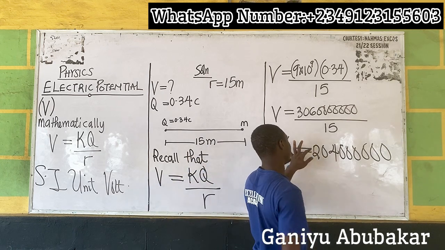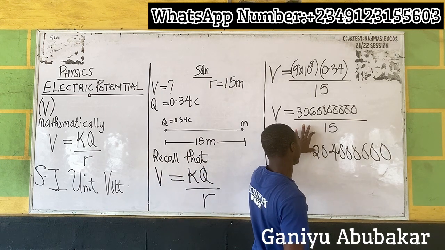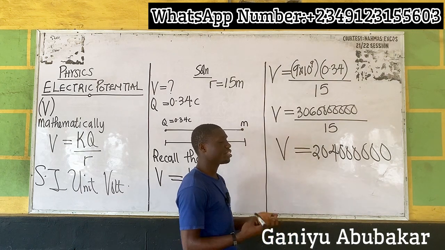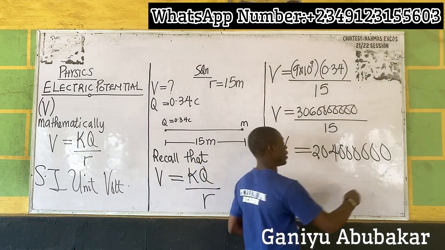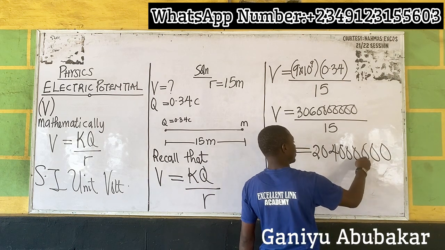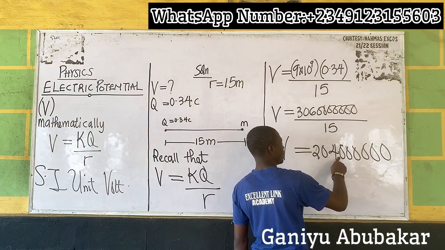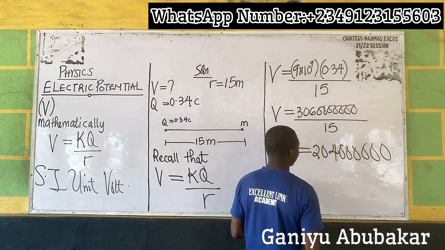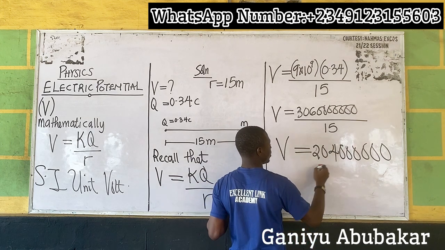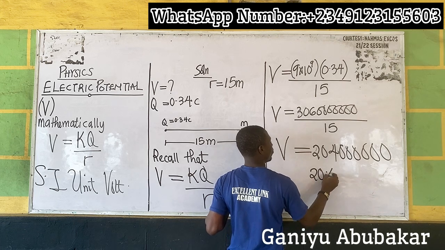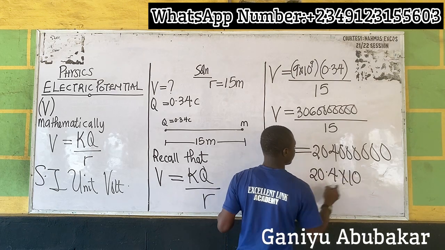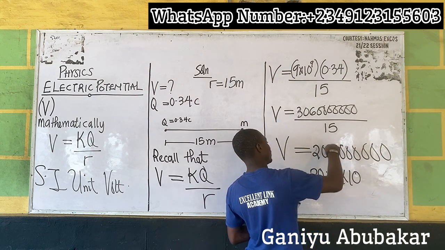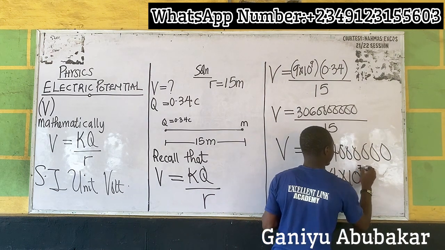Of course, this answer is perhaps too long, so to shorten it, I just apply your indices concept, standard form. That should give around 20.4 times 10 to the power of, we just moved 1 2 3 4 5 6 7, that's 10 to the power 7.